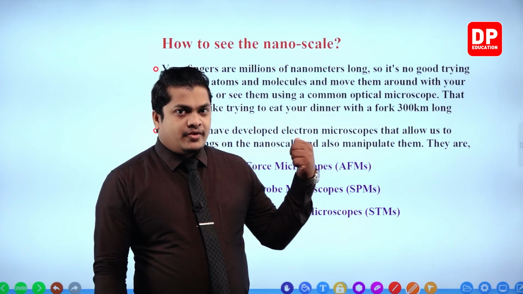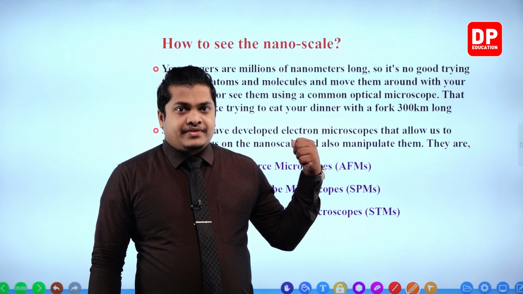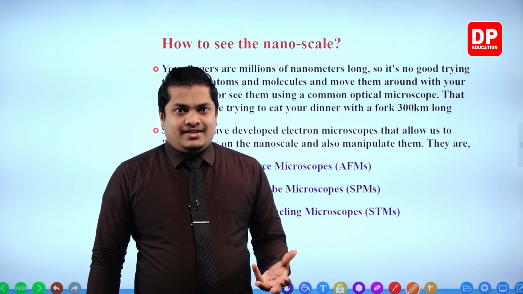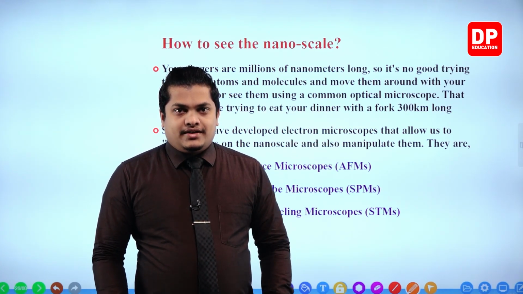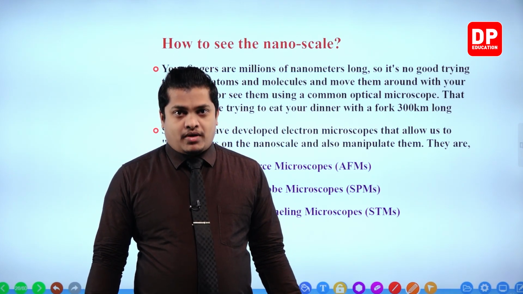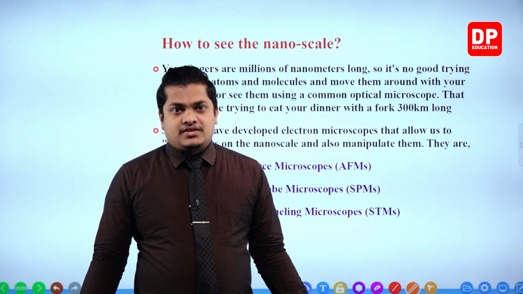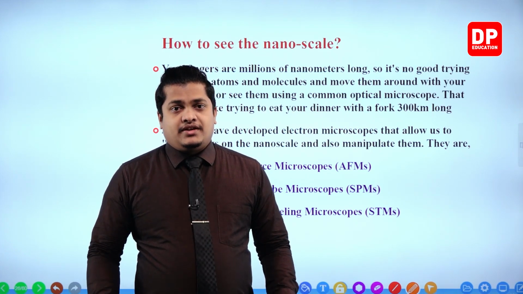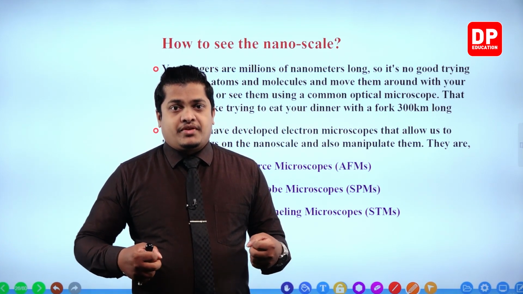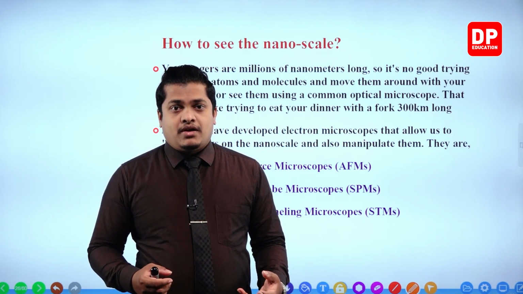Now here it is given, a metaphor, like, can you see? It's like eating your dinner with a fork 300 kilometers long. It's not possible, no? If the fork is 300 kilometers long, let's imagine that we are applying a certain force so that we can lift it up somehow.